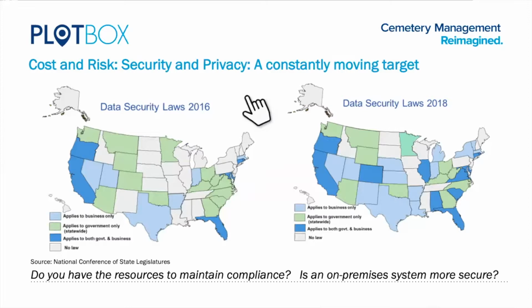If you are selling plots, if you keep track of next of kin, and not everybody that's going to be in that system is dead, you will most likely be subject to the data privacy laws. And the easiest way to maintain that is to look at an existing system that has very robust capabilities in terms of being flexible with privacy.